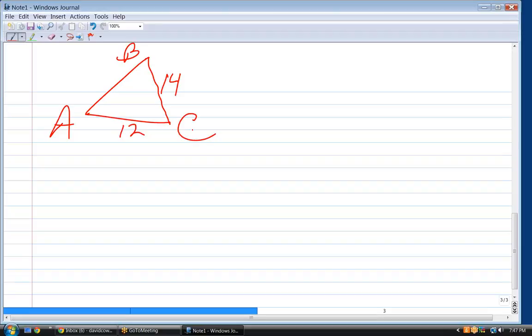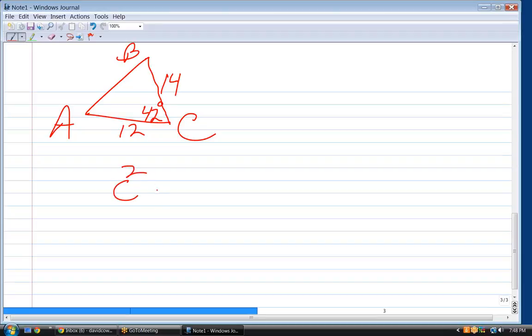And angle C is 42. Okay. Again, we have no angle opposite side relationship to draw upon. So we have to use the law of cosines. Which side do we need to solve for first? Side C. Okay.